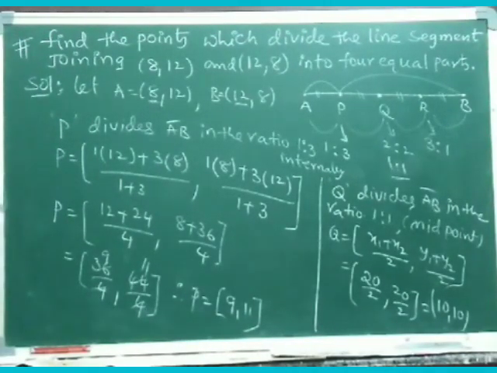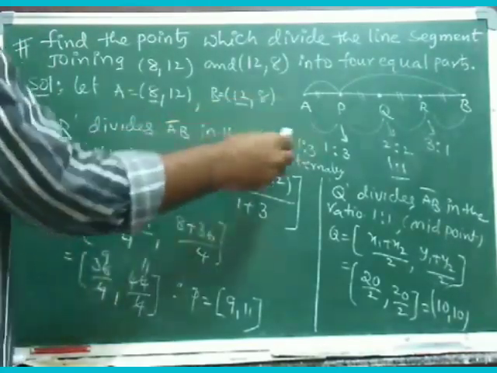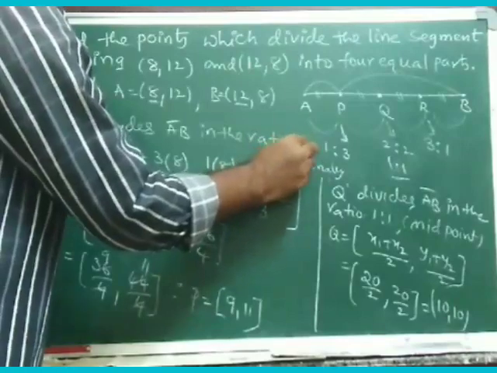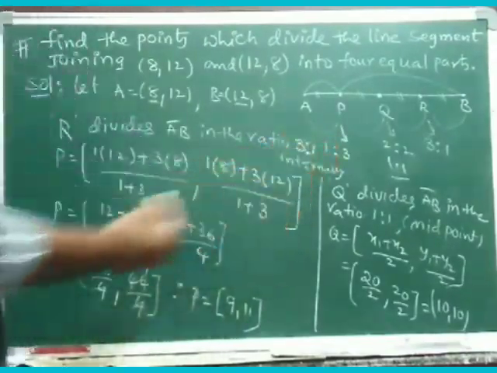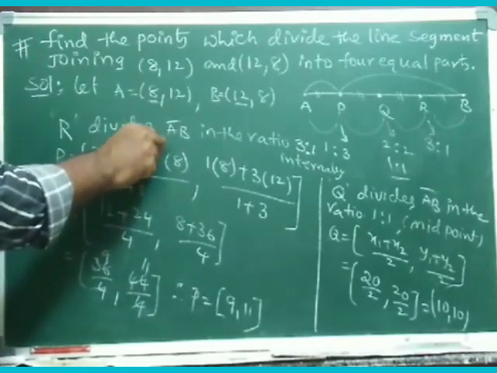Okay. Now we have found Q, and we need to find R. R divides AB bar in the ratio 3:1 internally. So now this 1 and 3 becomes 3 and 1.